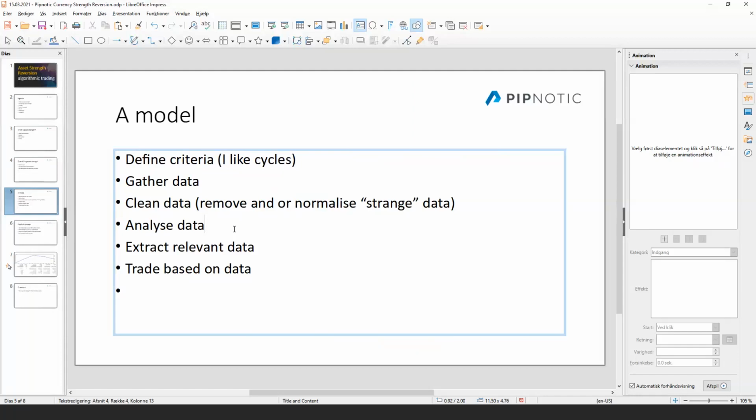So you take the data that looks a little bit weird, you run it through an algorithm, or you can massage it in some way to make it look like the rest of the data without losing its value. And then you analyze the data, which will give you some kind of a result.